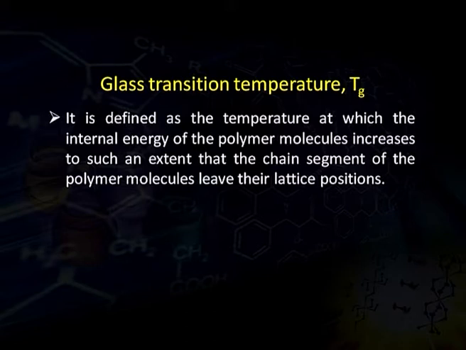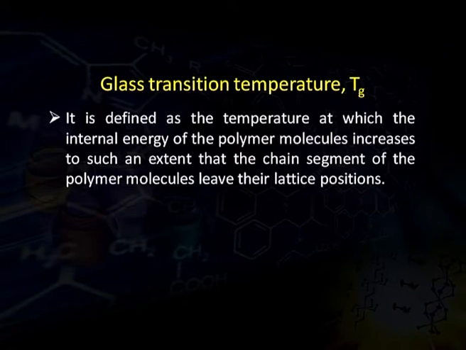The glass transition temperature is the temperature at which the internal energy of the polymer molecule increases to such an extent that the chain segments of the polymer molecule leave their lattice position. That means, if we keep on increasing the temperature of the polymer, then at a certain temperature, which is the Tg, the chain segments present in the polymer leave their lattice position.